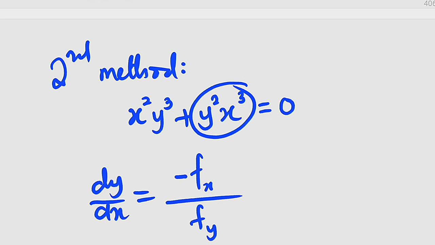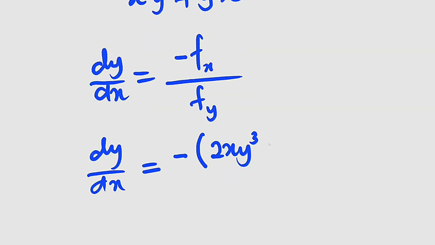Then you move to the next one. Differentiate x alone. If you differentiate x cubed, it will be 3x squared. But we have our constant y squared. That is 3x squared y squared.